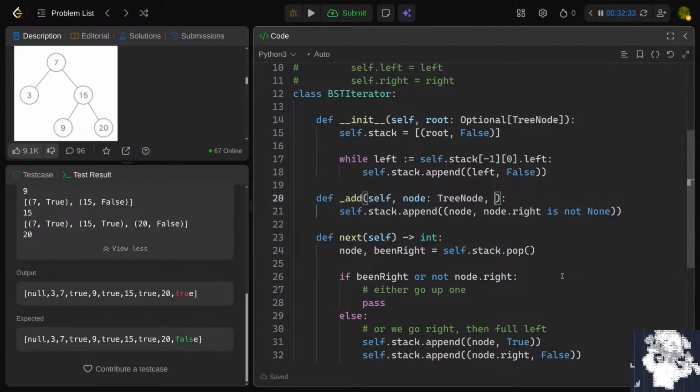So add been right is a bool. So I want to do this, but only if node.right.